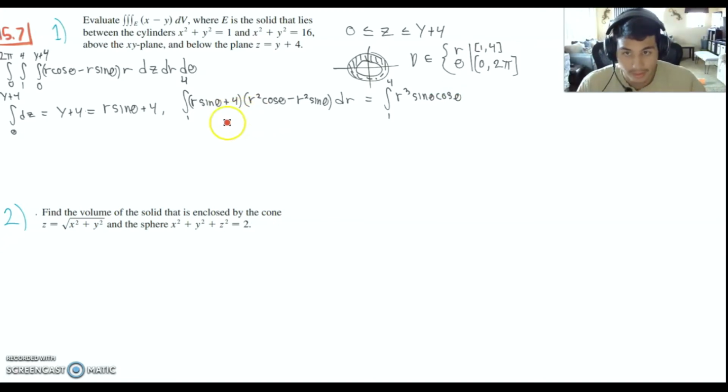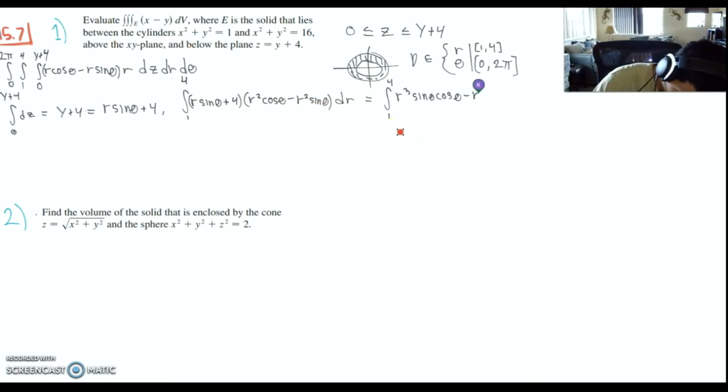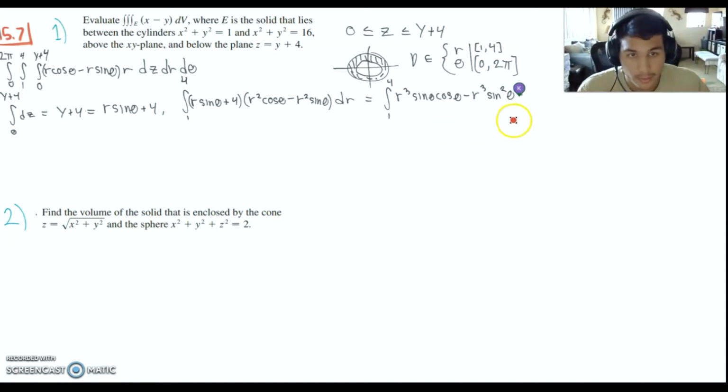And then let's do r sine theta times r squared sine theta. Let's not forget that negative. Minus r cubed sine squared theta. Okay, so we got r cubed sine squared theta, and then what else? Now we gotta do it with the 4s.